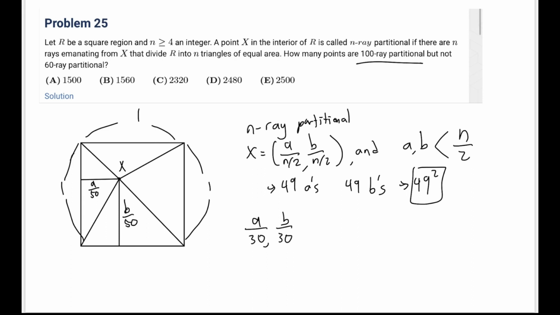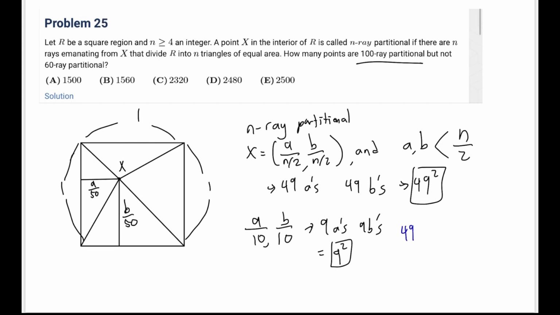That would be the intersection of the 100 ray and 60 ray sets, which is 20 ray partitional. So instead of 30, this would be 10 and 10. Since there are 9 A's and 9 B's, 9 squared has to be subtracted.